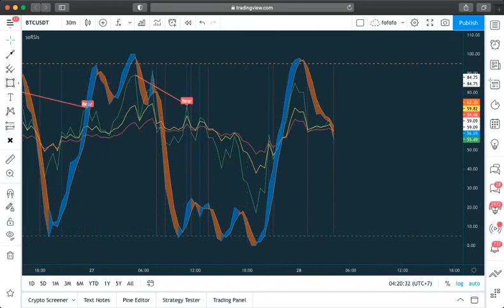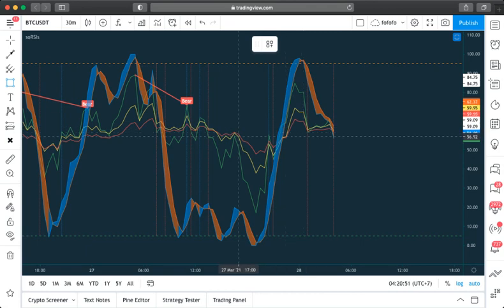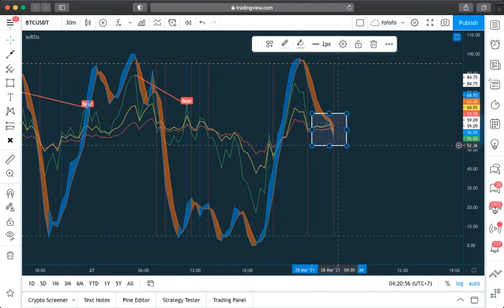Using this is simple, like a KDJ or maybe MACD, but I use this combination of stochastic and multiple RSI as support and resistance. So if the stochastic breaks down the RSI, that means the correction will continue.